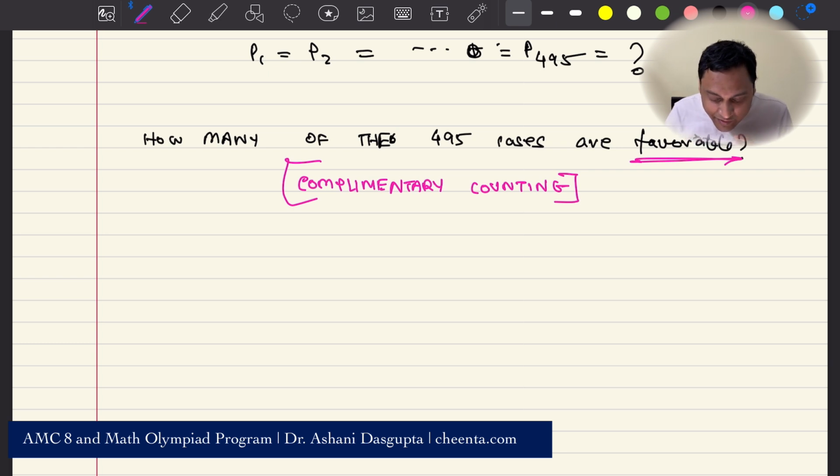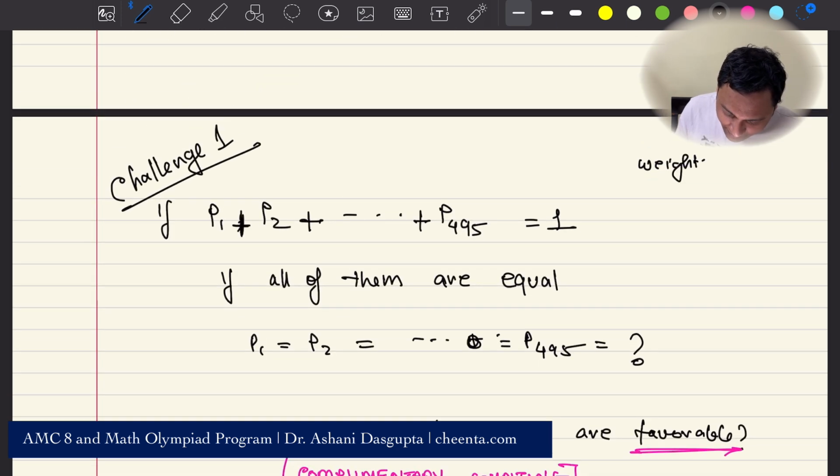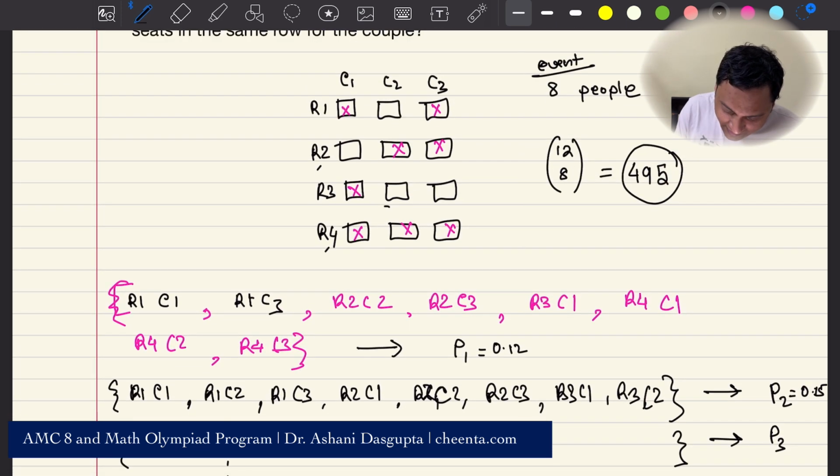But we will use complementary counting to actually do it more quickly. So complementary counting is in how many cases it won't work.